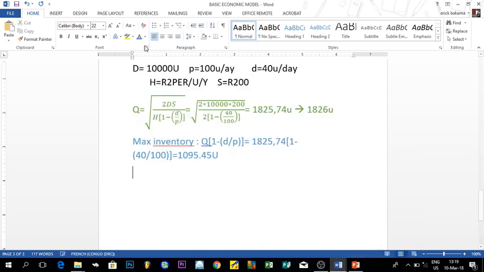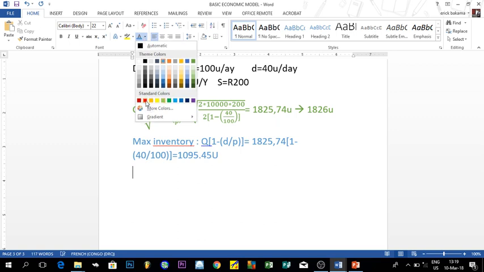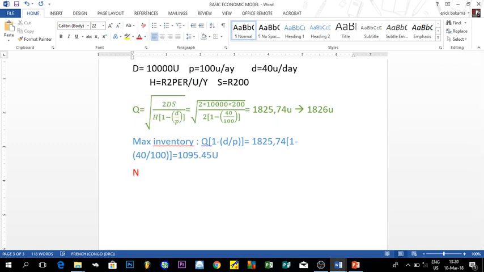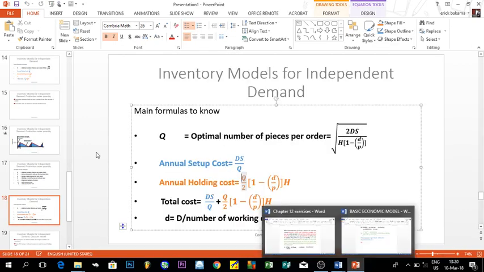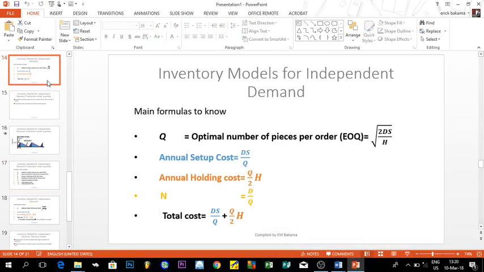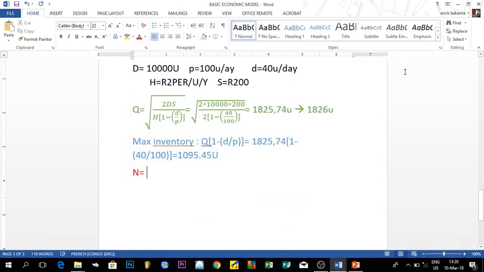So let me make it in red. What we need to do is to find n, and I think it was d divided by q. Yeah. So the formula for n really doesn't matter which method we are using. Generally it's the same, d divided by q. Now in our case here, we got a value of d that is already 10,000 units.